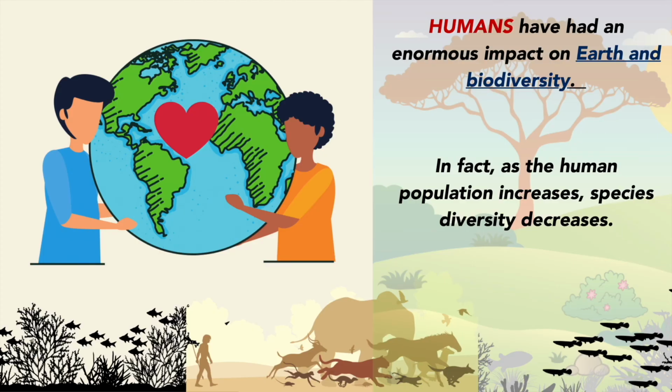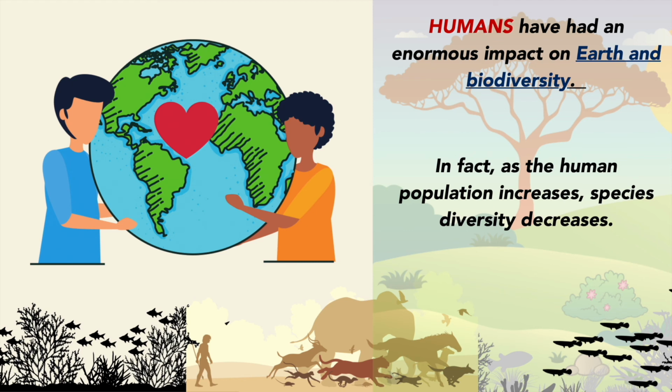More than any other species that has come before us, humans have had an enormous impact on Earth and on biodiversity. Technology has increased our ability to transform the planet to meet our needs. And as the human population continues to grow, so does our impact. In fact, as the human population increases, species diversity decreases.